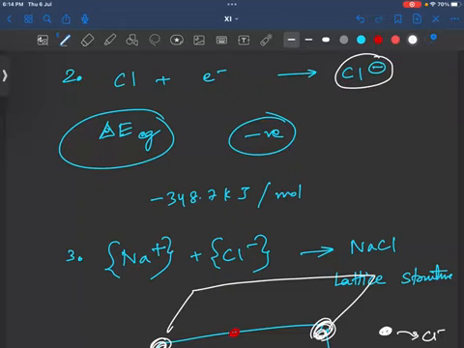Why do this? Because they want us to use our own mind to understand that it's an ionic compound. And tell me, would common people say Na+ Cl-? It doesn't happen like that. Continue.